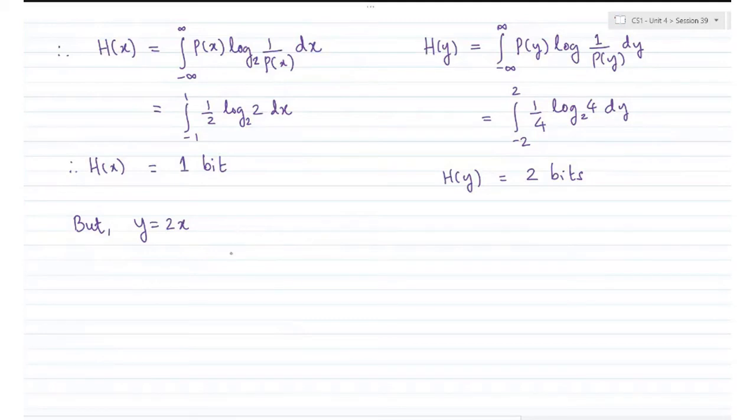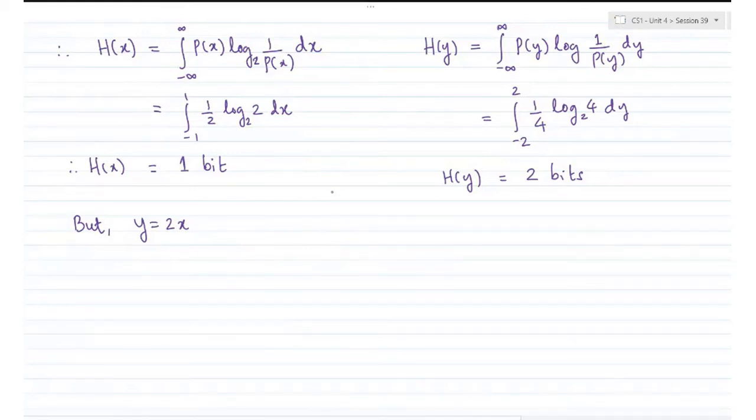It just amplifies whatever is applied to it. It doesn't add any uncertainty in itself, because we are sure that what we are going to get at the output is twice the input. So where is this extra information getting added between the input and output?